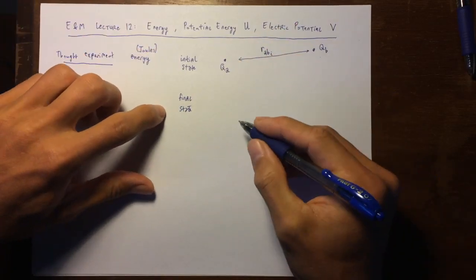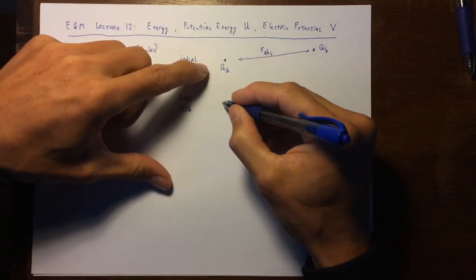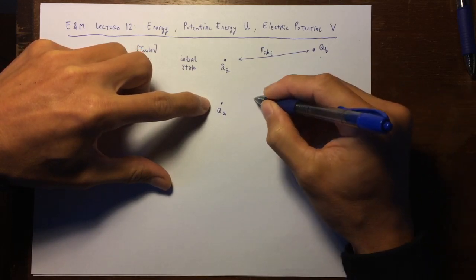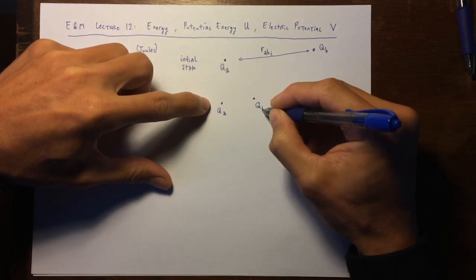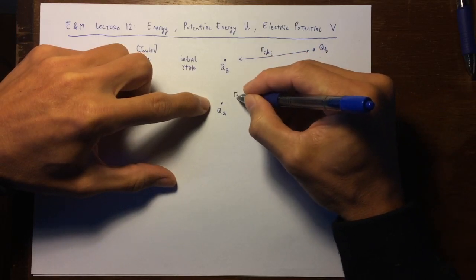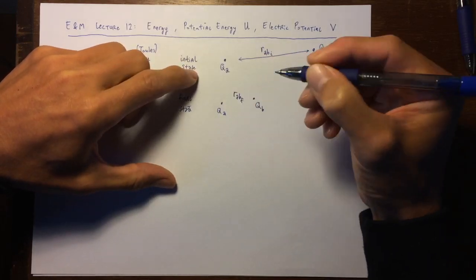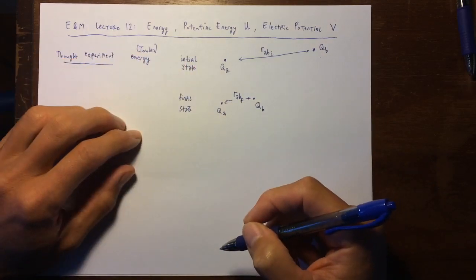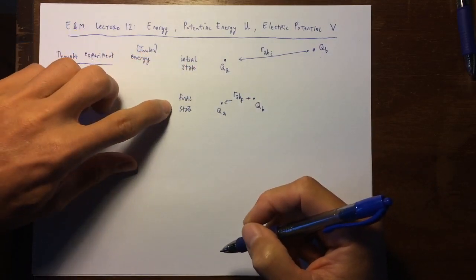Right? And let's say that the final state is such that the charges A and B are just simply closer to each other. So here is the final separation distance between these two charges. Right? So initial state and final state.